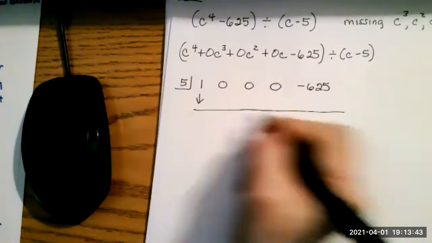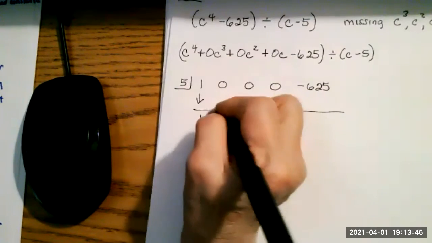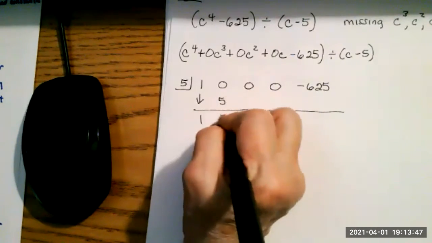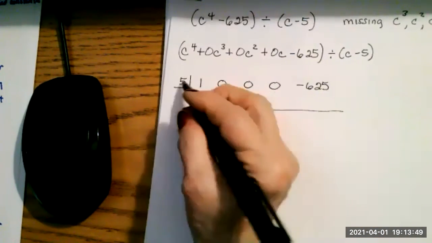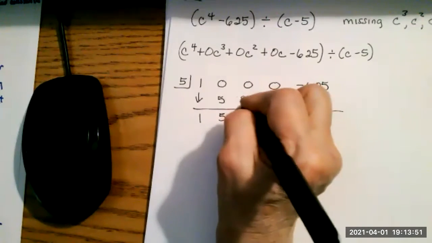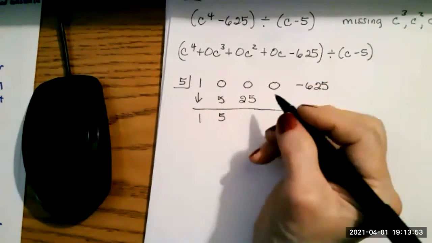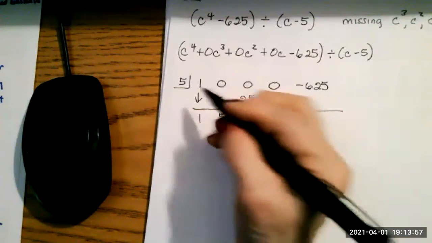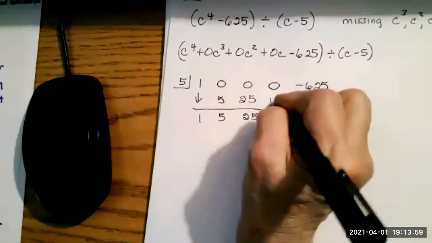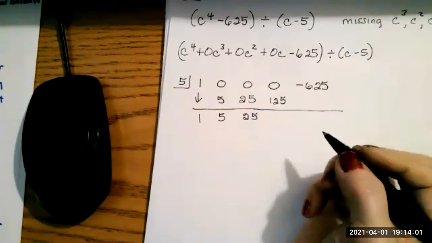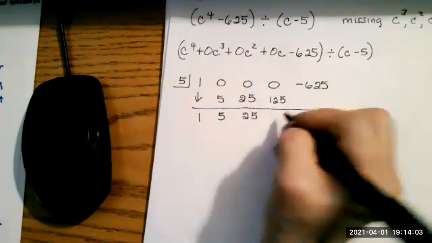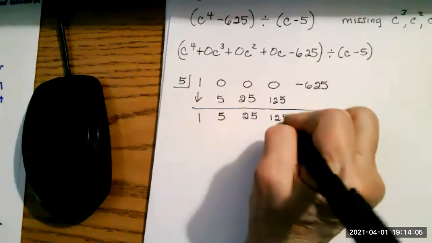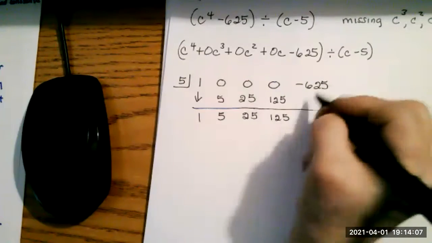Bring down the 1. 1 times 5 is 5. 5 plus 0 is 5. 5 times 5 is 25. 25 plus 0 is 25. 5 times 25 is 125. 125 plus 0 is 125. 5 times 125.